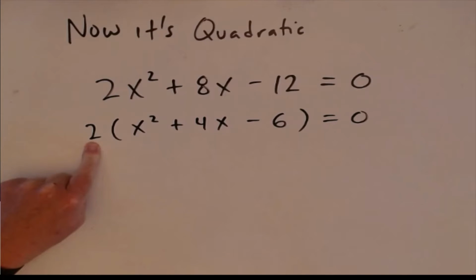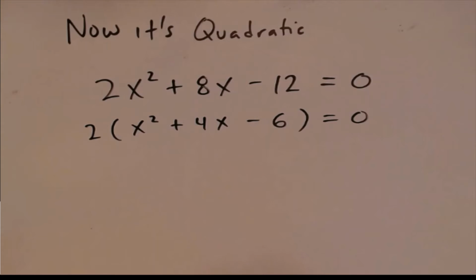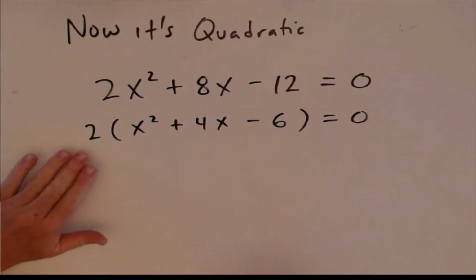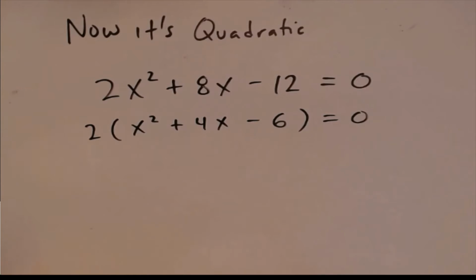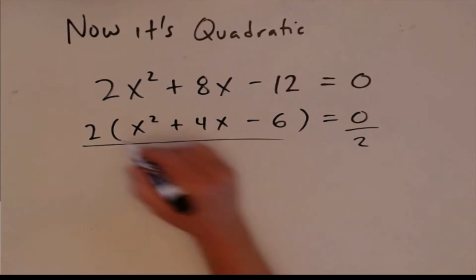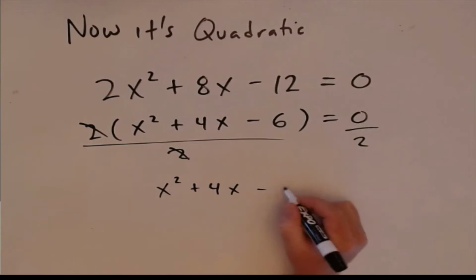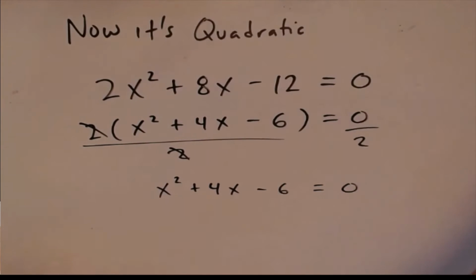If I were doing the complete factorization, I would have to hang on to this constant. So I sometimes refer to that as a little brother. You can forget about them, you can drop them off, but you better remember to go back and pick them up. In this example, I'm only asking for the zeros. So that means that you can divide both sides by that constant, and you never have to go back and pick it up.